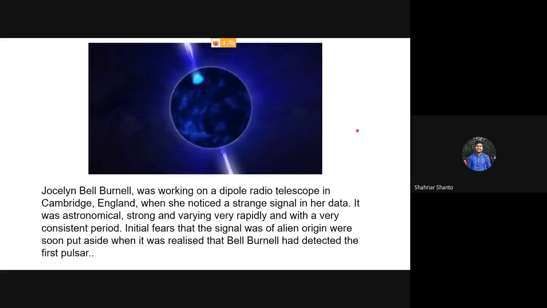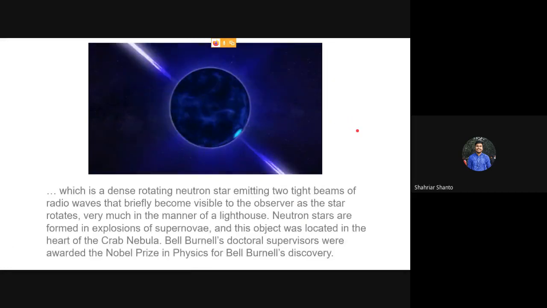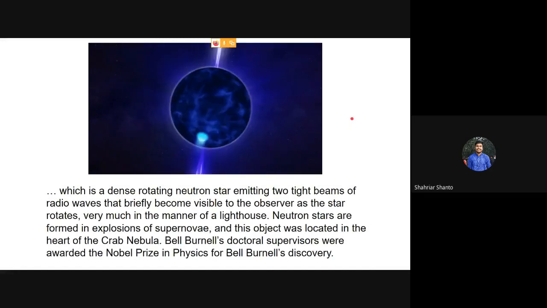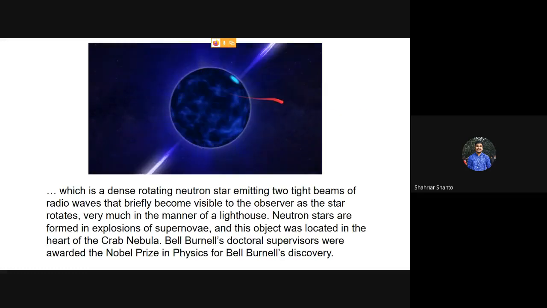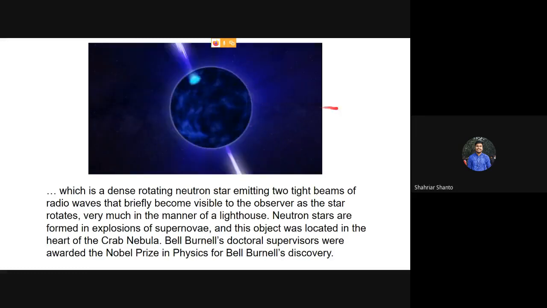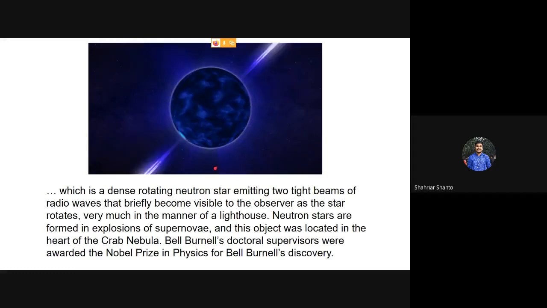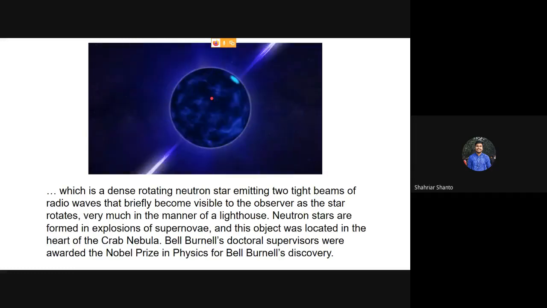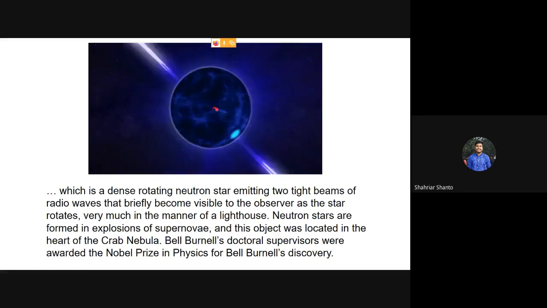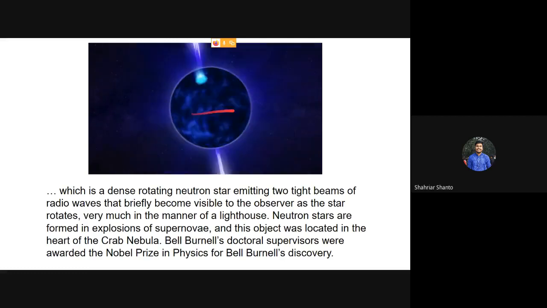So pulsar is actually a neutron star that is rotating on its axis, and 2 tight beams of radio waves are emanating from 2 directions. So on Earth, we only detect or observe the radio signal when the beams come directly towards Earth.